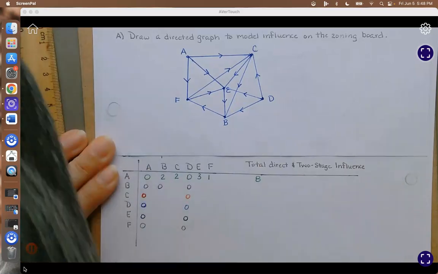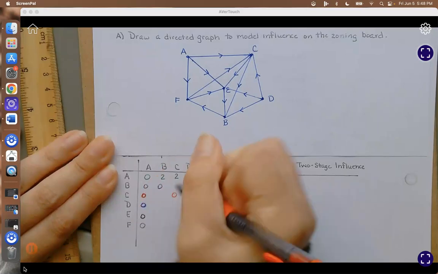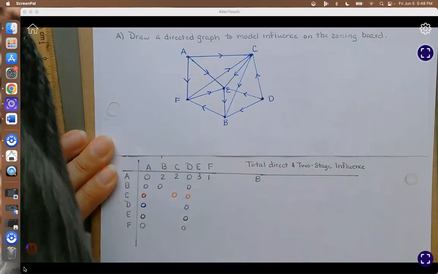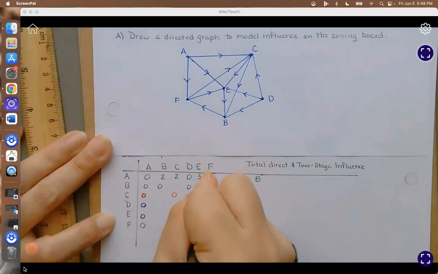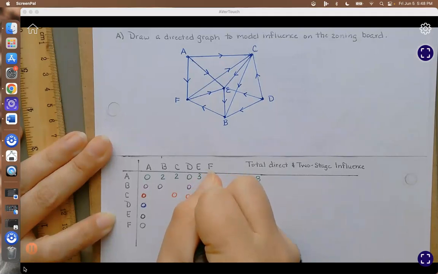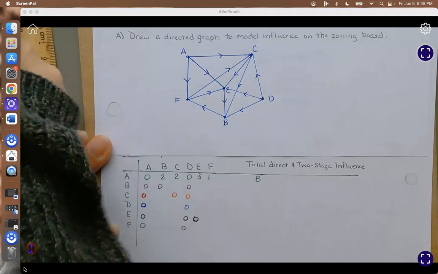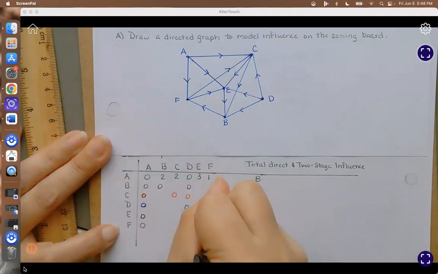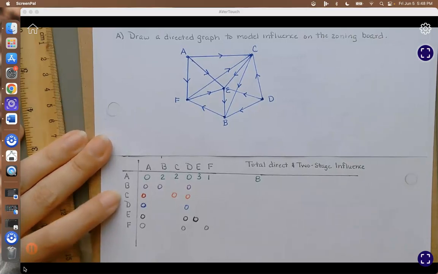But that also means that C to C gets a 0, D to D gets a 0, E to E gets a 0, and then F to F gets a 0. That's a little less work you have to do, right? All right, so let's go through and do the ones we can do.